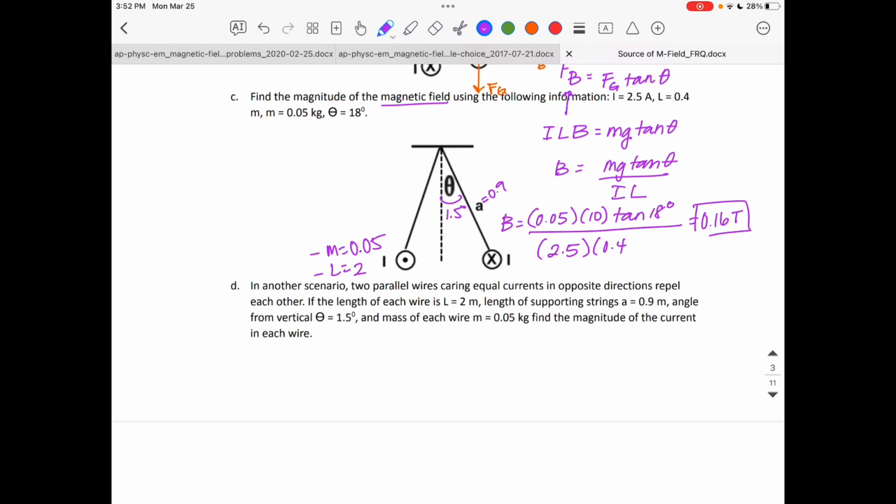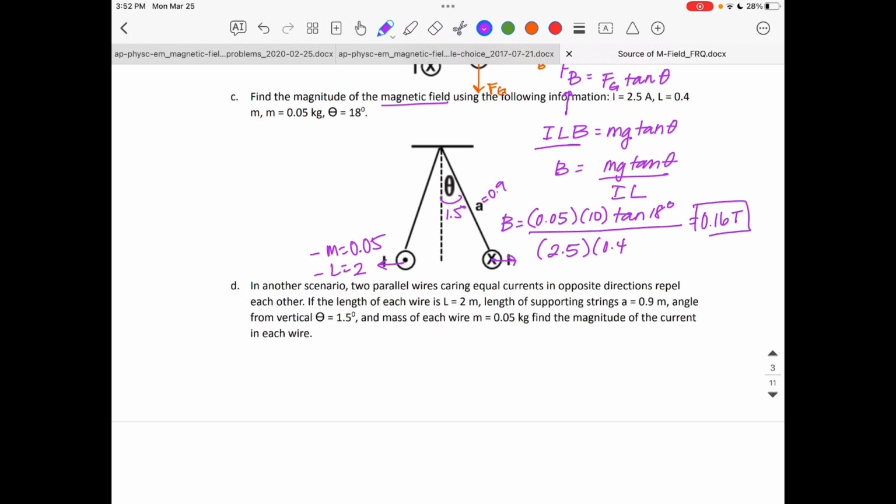So what's going to happen is each wire is going to create a magnetic field on the other wire, and that magnetic field is going to cause a force. And if you analyze it, which I'm not going to do, you're going to see that those forces are going to repel each other.